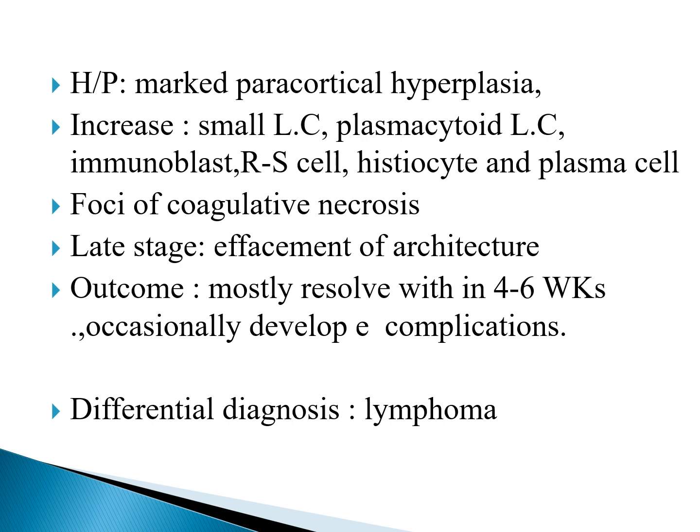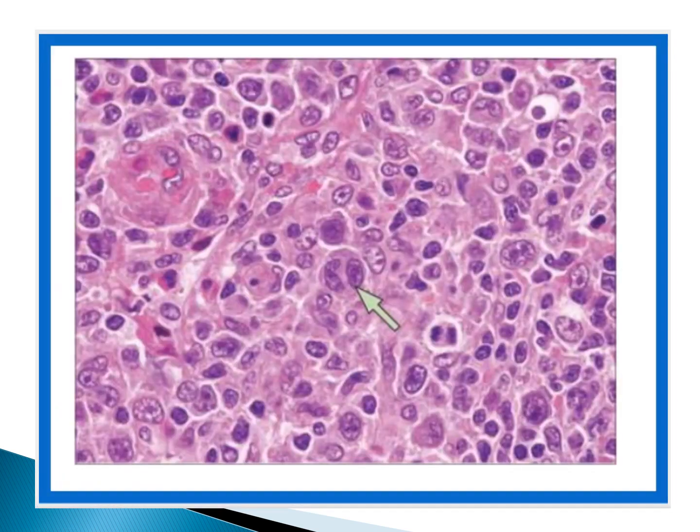In the late stage, effacement of the architecture. The outcome mostly resolves within 4 to 6 weeks; occasionally a complication develops. Differential diagnosis: lymphoma. This is as shown in your slide with the arrow.